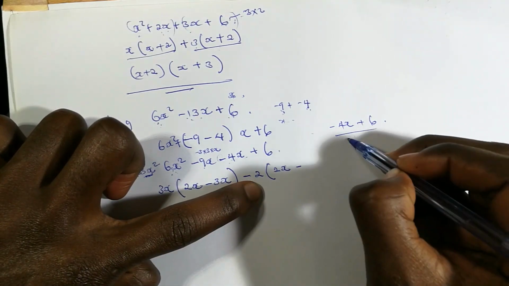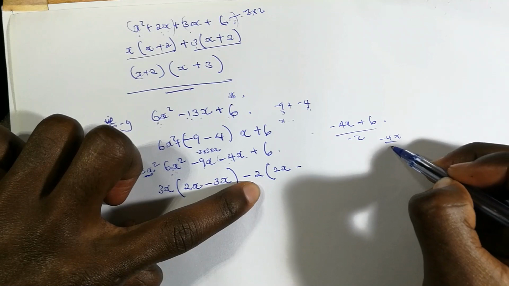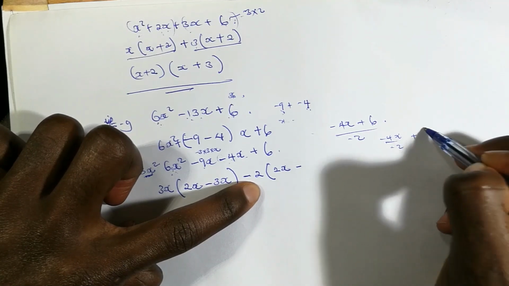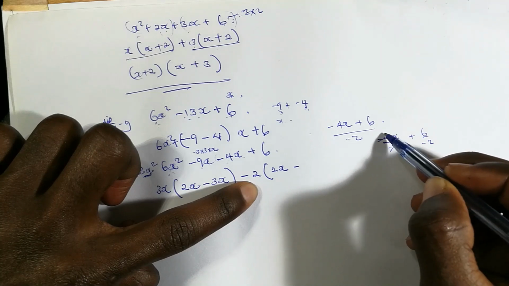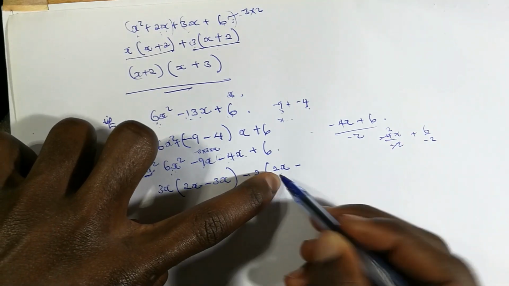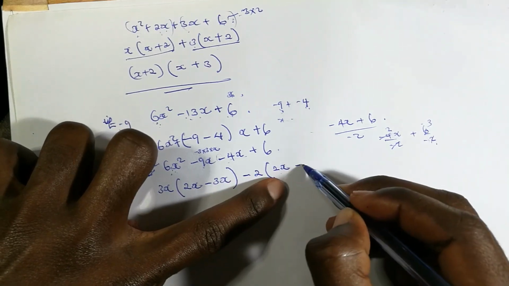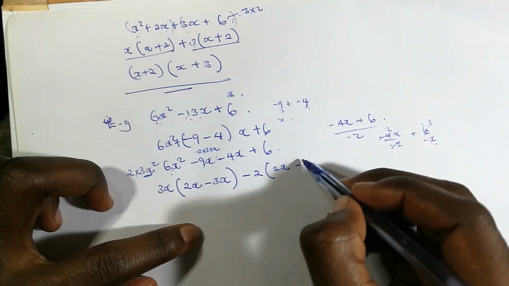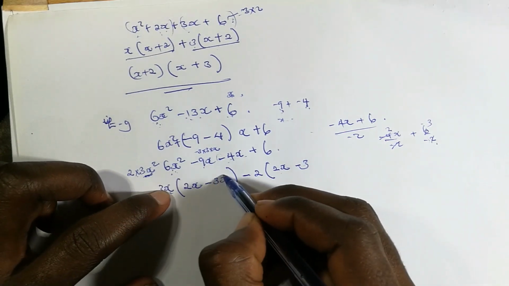We have removed out minus 2, just split, we have minus 4x out of minus 2, then plus 6 out of minus 2. If we split it, you see that this is cancelling, and here remaining positive 2. That's why we have positive 2 inside. But now this will cancel to leave 3, but this negative will affect that to leave us with a minus 3. Here we had no x because there was only x.